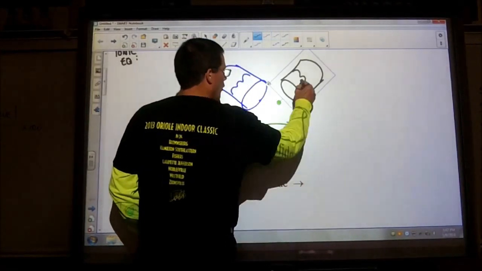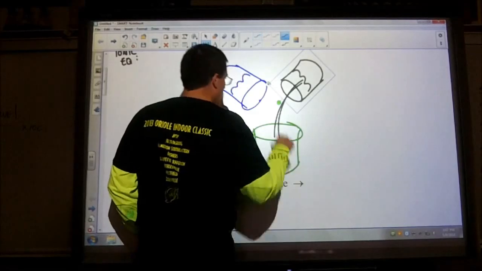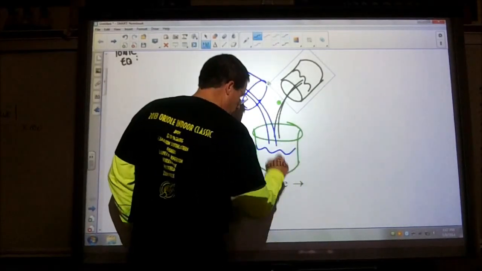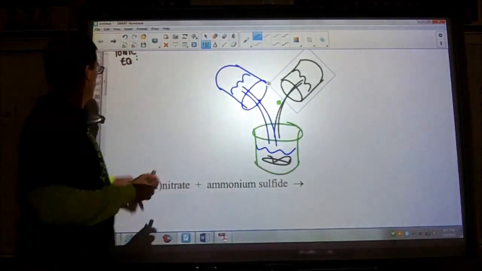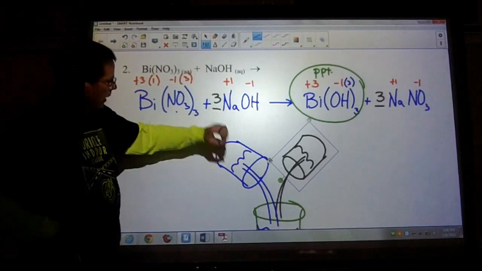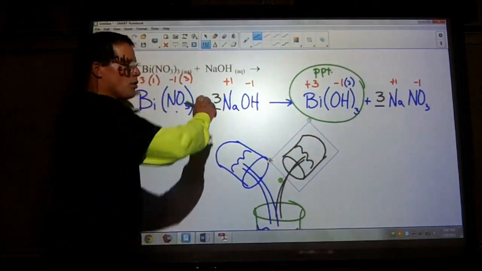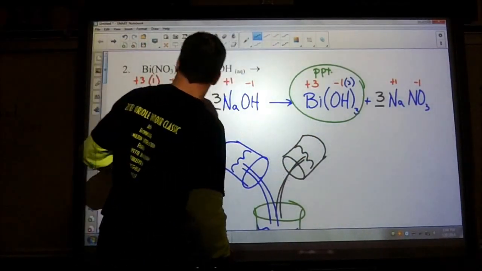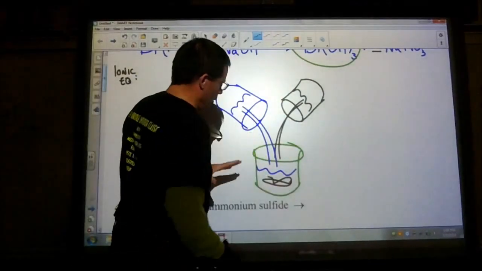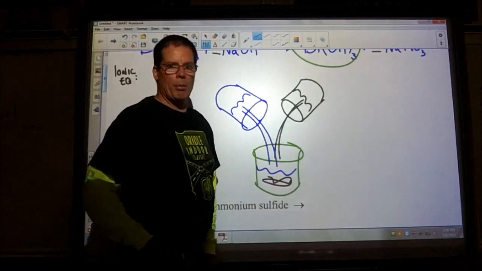And as we pour the substance into here and the blue into here, then it's going to make that blue and black, they're all going to get together. And what we want to find out is, okay, when I take my bismuth nitrate and I take my sodium hydroxide, which are in separate containers initially, and they are soluble, when they are mixed together, is there going to be a precipitate form?